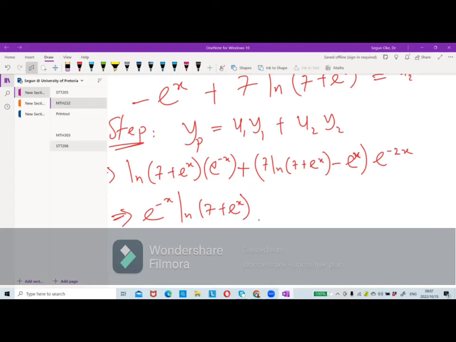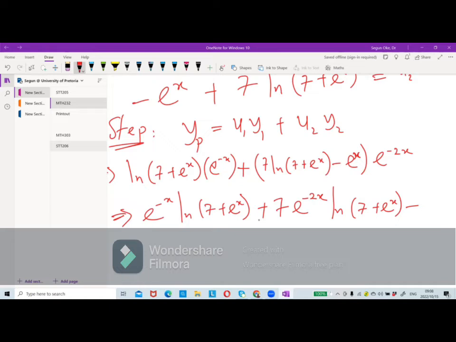So what do we have there? We have about 3 brackets. Yeah, plus 7 exponential minus 2x ln 7 plus exponential x.